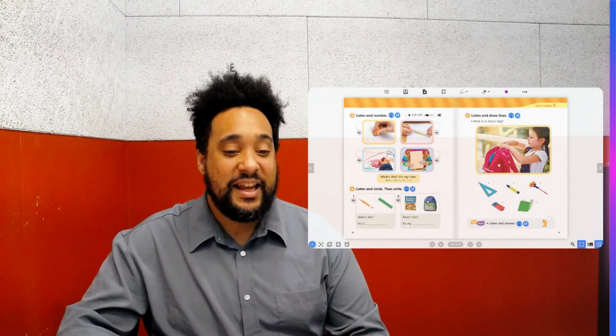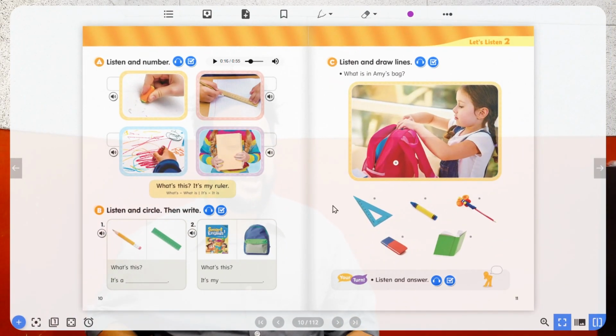Okay, so in the dialogue, they were talking about what? They were talking about the ruler. And how does the boy feel about the girl's ruler? That's right, he likes the ruler. And what does the girl say at the end of the dialogue? That's right, she says thank you.